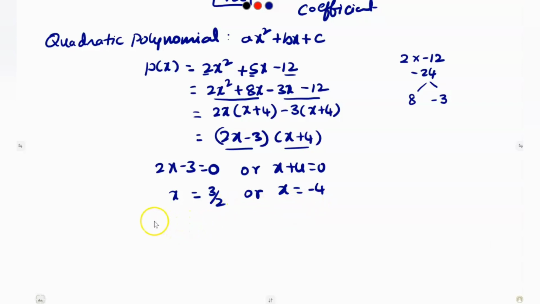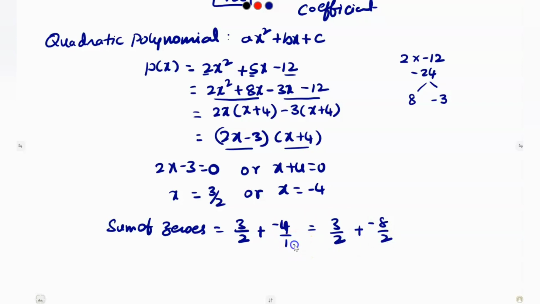Now let us find the sum of the zeros. The sum of the zeros of this polynomial is 3 by 2 plus minus 4, which we can write as minus 4 by 1, that is 3 by 2 plus minus 8 by 2, which gives you minus 5 by 2. If you observe carefully, minus 5 is nothing but the middle term coefficient; the x coefficient is actually plus 5.